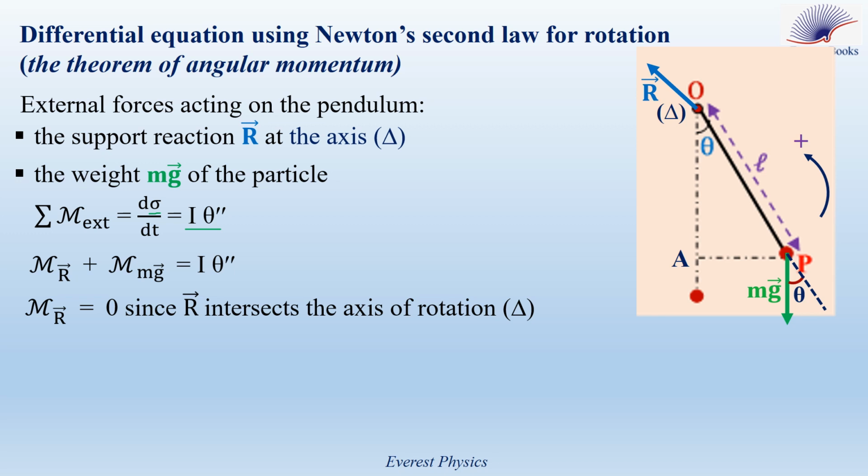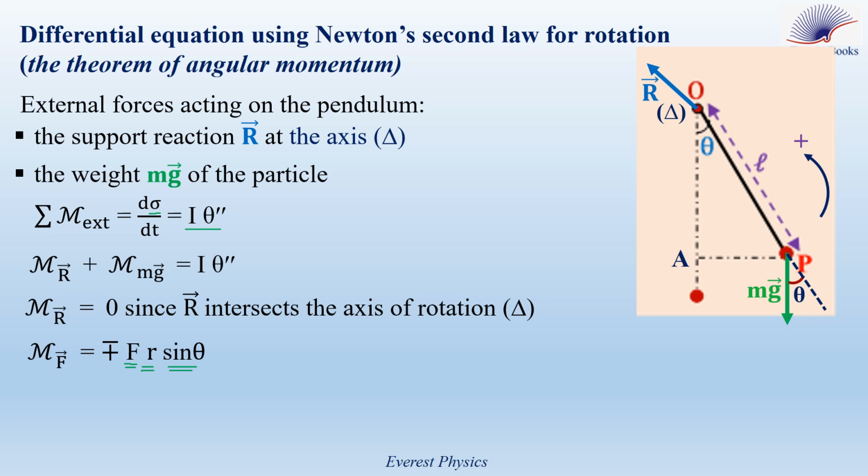Let's move to mg. But first, in general, when you want to determine the moment of a force about a fixed axis of rotation, you can use this expression: plus or minus F r sine theta, where F is the magnitude of the force, r is the distance between the point of application of the force and the axis of rotation, and theta is the angle between F and r.